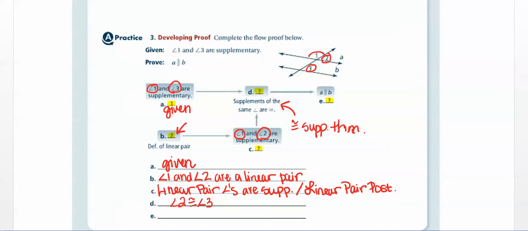Now look at what angle 2 and angle 3 are. Those are corresponding angles. We have just proven that they are congruent to each other. Our goal, what we're trying to prove, is that you have parallel lines A and B. So if two corresponding angles are congruent, then that means that these two lines are parallel. So you can write out the whole theorem name, which is the converse of the corresponding angles theorem.